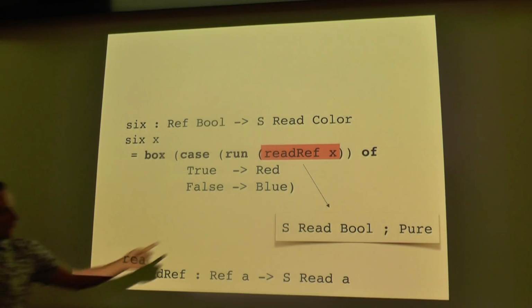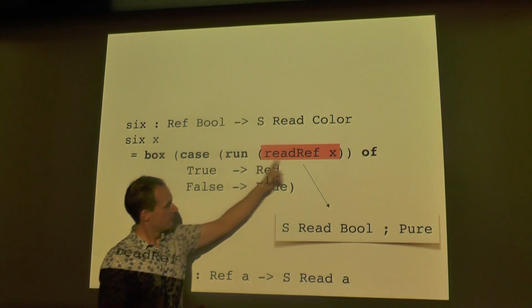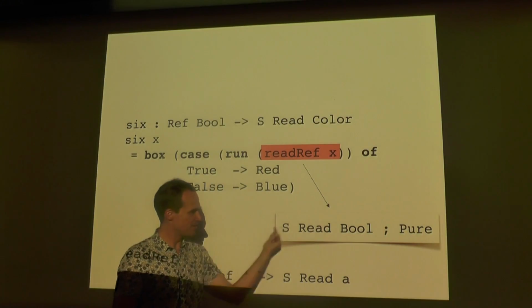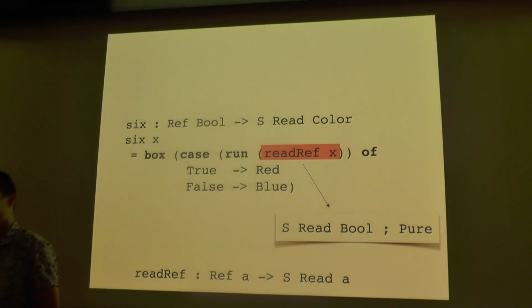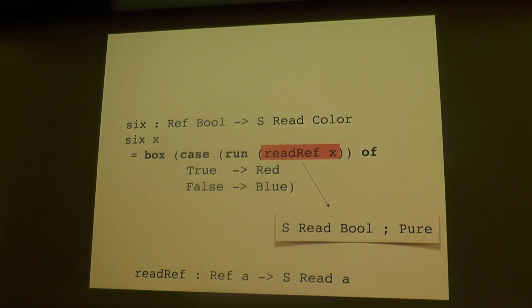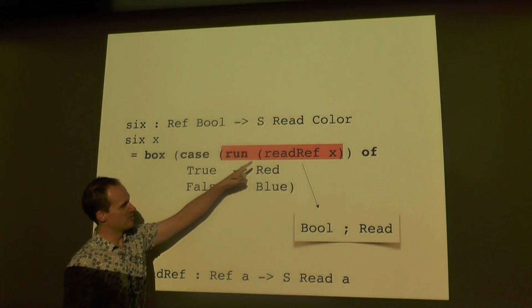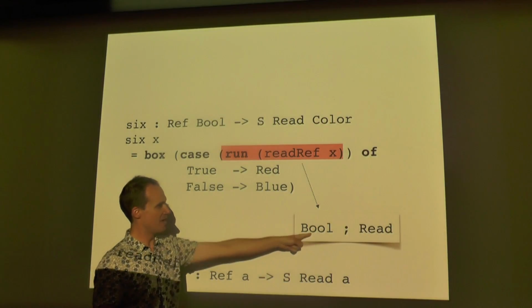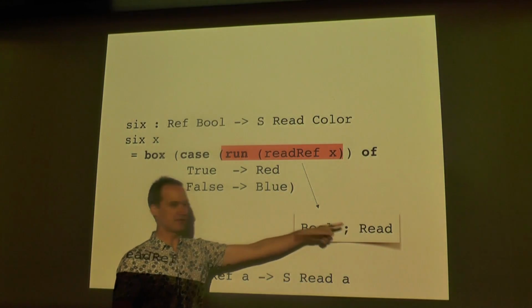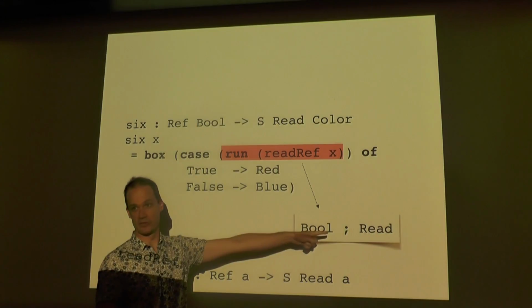Now, the result of this is a suspended computation, and when you want to actually run that suspended computation, you say run, and then it lets the effects out of the box, and then you're going. So I say run readRef. So now what's happened? When you run a suspended computation which returns a Bool, you get back a value of type Bool, but the effect of the whole sub-expression is now this read.